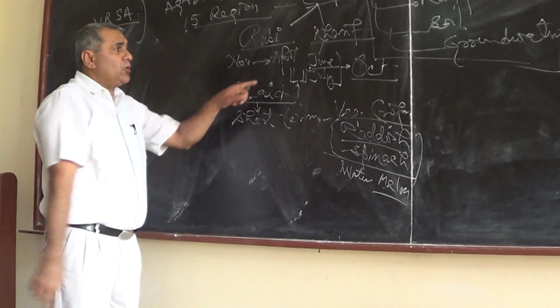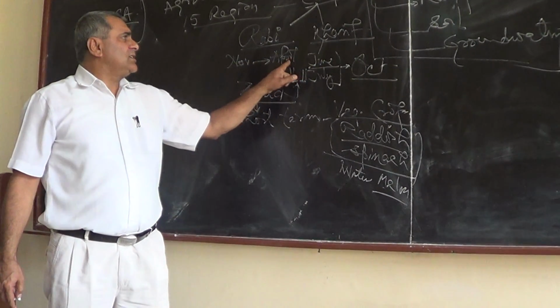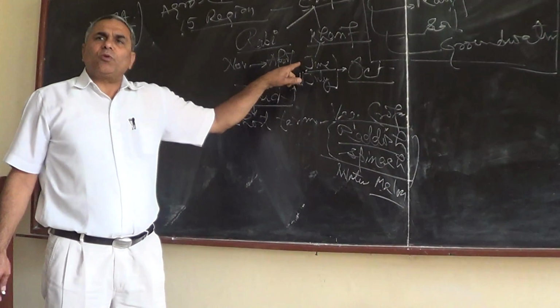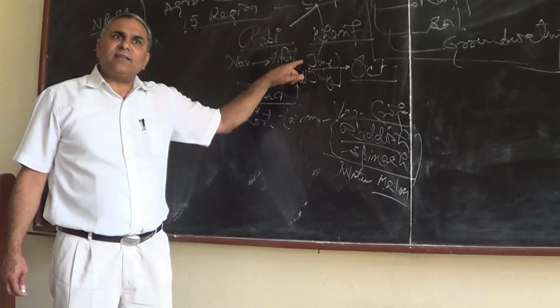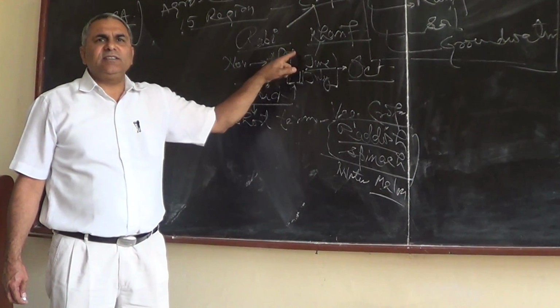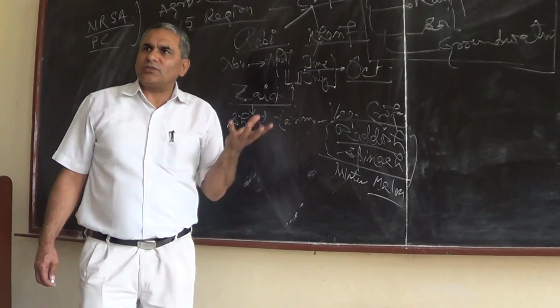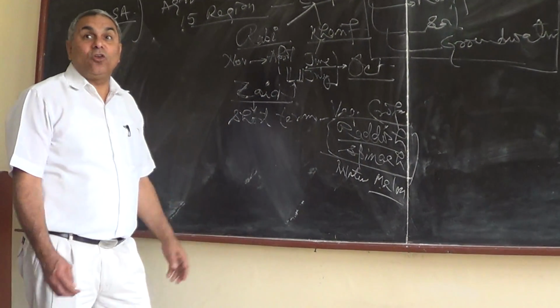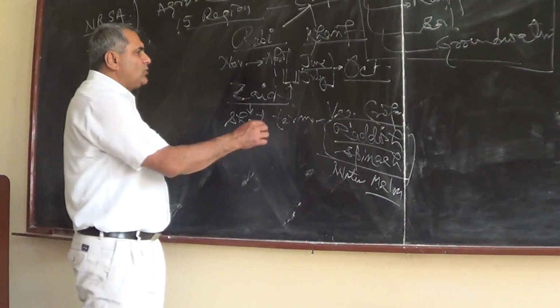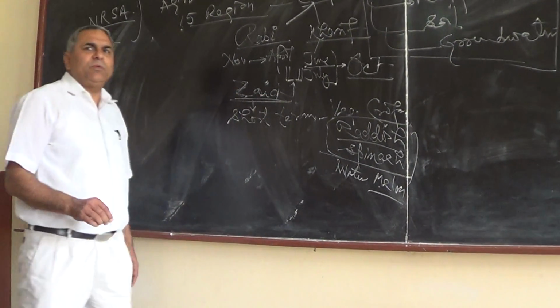April, Rabi is over. In June it starts. May and June, probably 50 to 60 days are free during the season. In North India this season is called the summer season, with the formation of the low pressure in North India. During this season the giant crop we used to take.